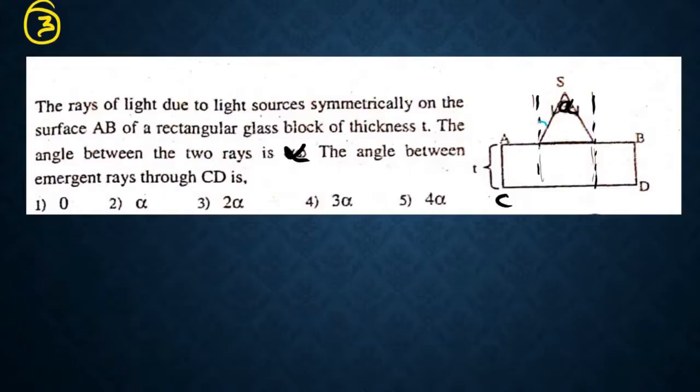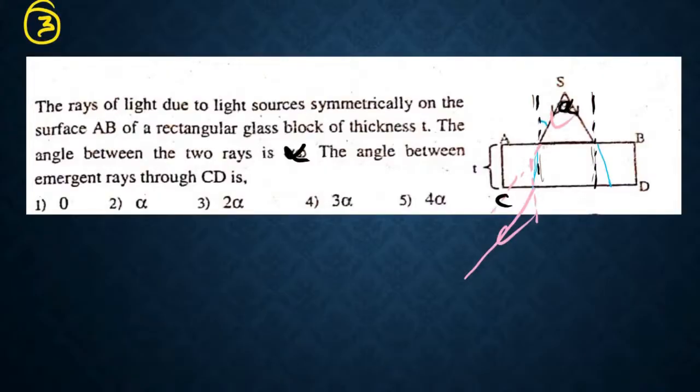Incident angle. So the refracted angle should be smaller, so it should go like this, and then again we should draw the normal. And remember, when it's going through two parallel lines, the incident ray and the emergent ray should be parallel to each other. Remember, these two should be parallel. So it goes like this, parallel to each other.